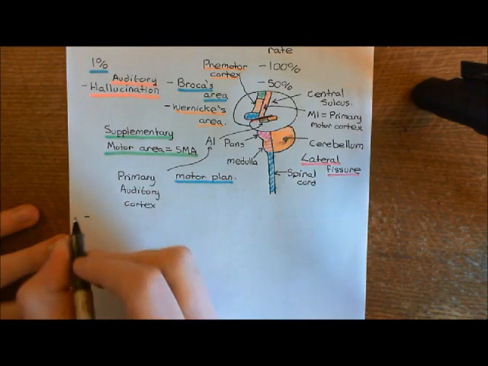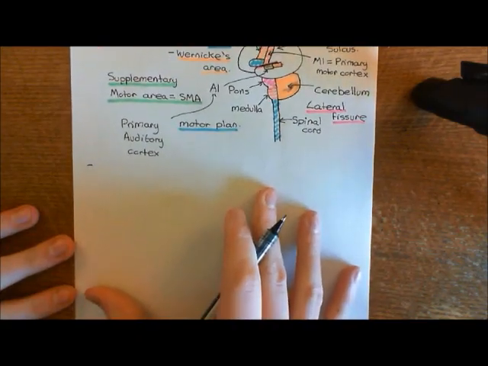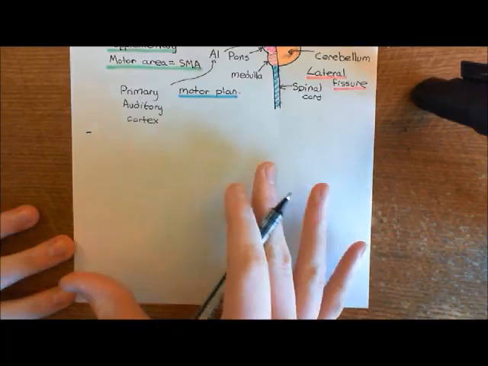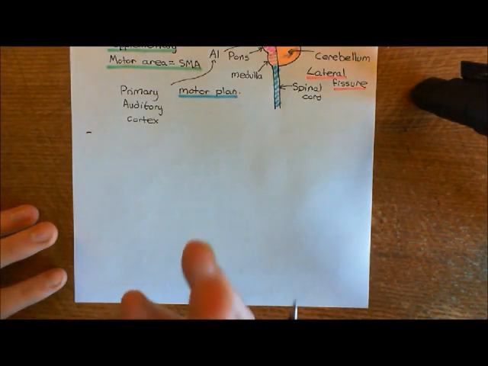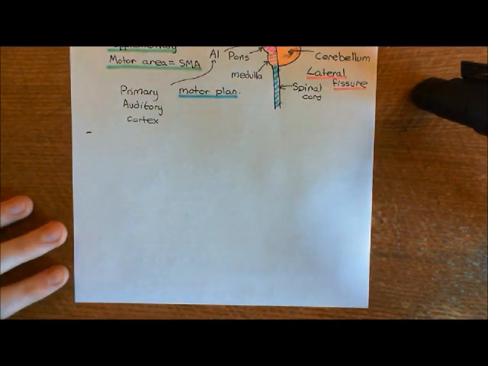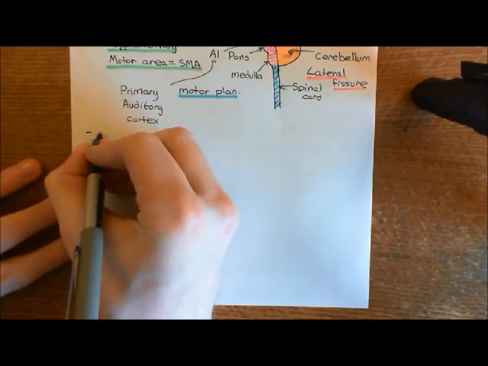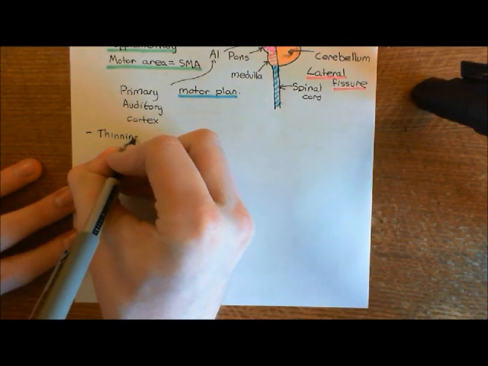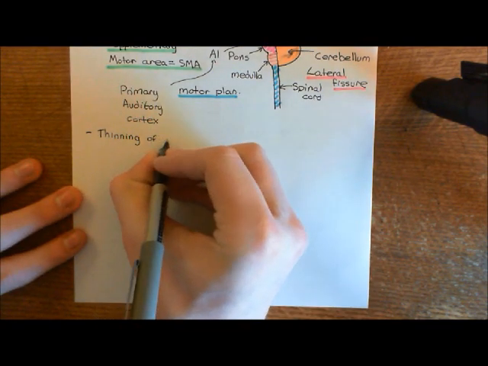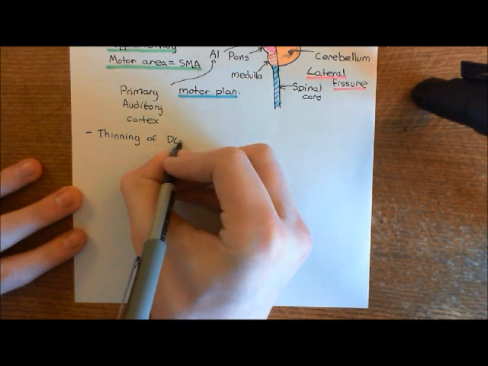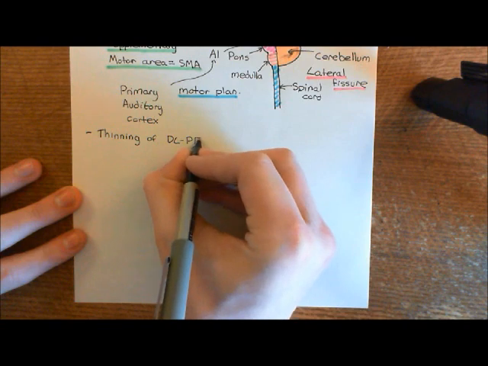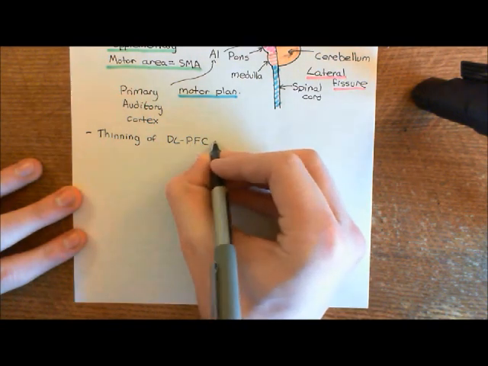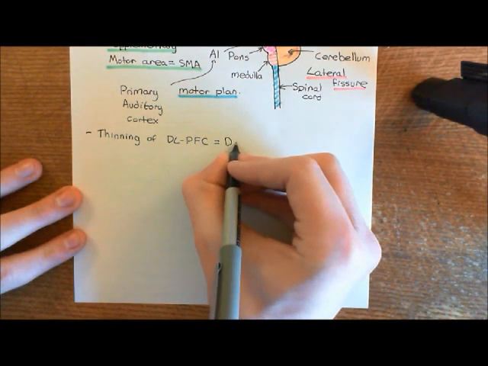So one of the things that is found consistently in people with schizophrenia, in post-mortem studies of their brains anyway, is that they have thinner dorsolateral prefrontal cortex. So you find a thinning of a portion of the cerebral cortex known as the dorsolateral prefrontal cortex, which for short is abbreviated DLPFC, but I should write this out in full.